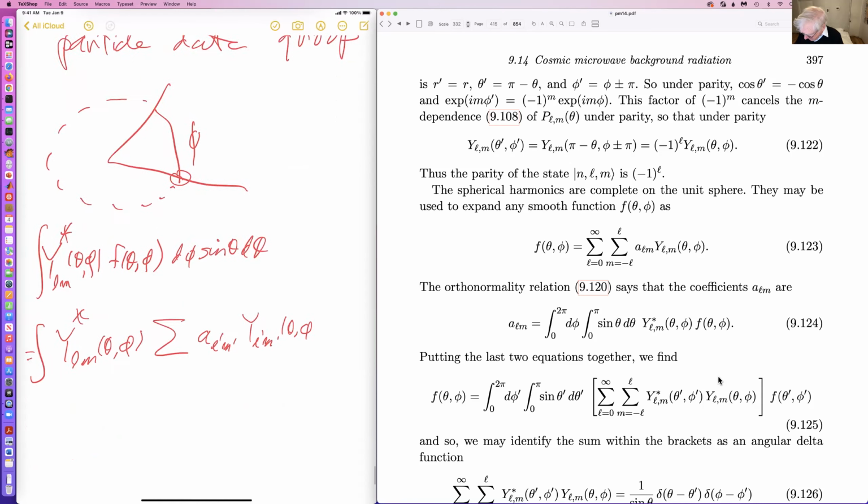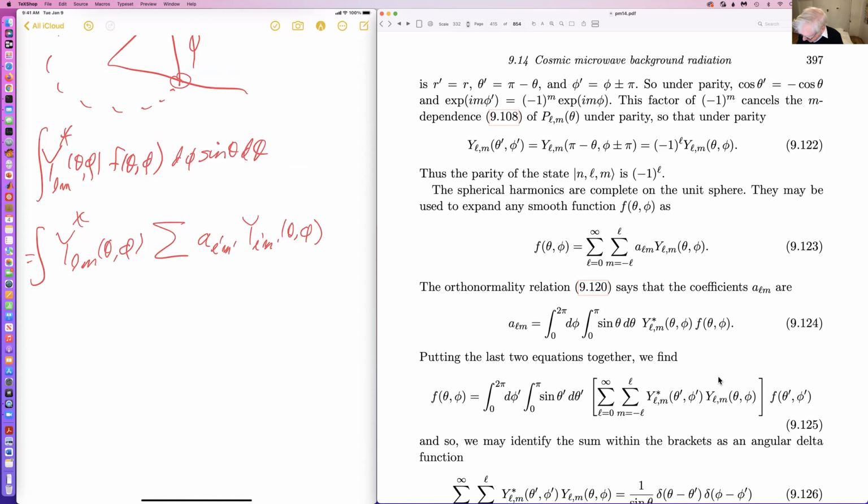And now we integrate this d phi sine theta d theta, and then we use the orthogonality relation of the Y's, and this just gives us ALM. And so that's the formula here, that ALM is the integral of Y star times f.